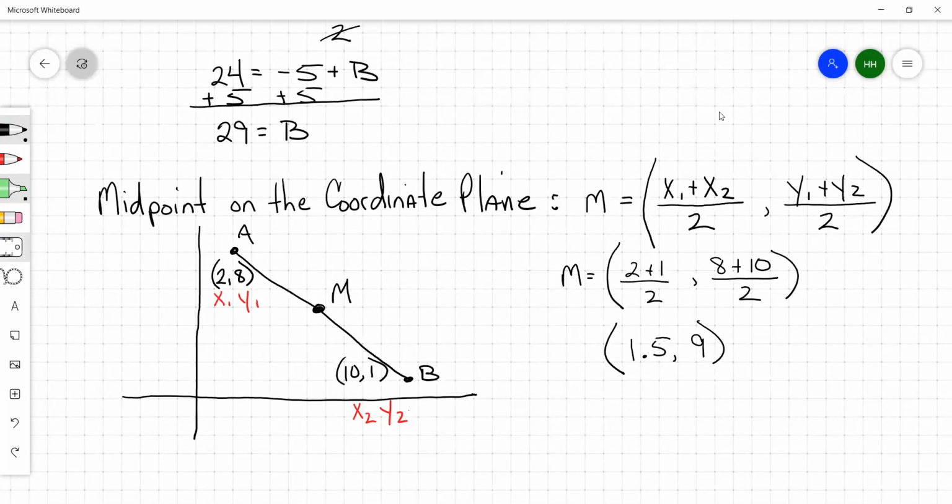So now we got to go back and fix that, and here we go. Not too bad. So our x's are 2 and 10. And our y's are 8 and 1.